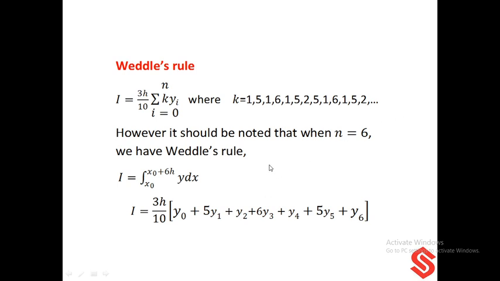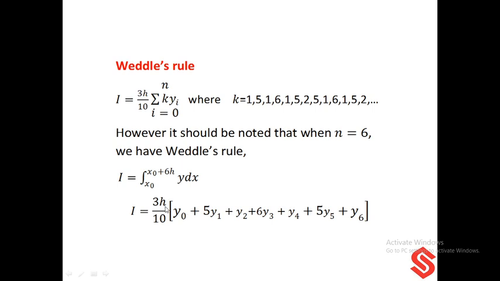So when n is equal to 6, means when the interval is divided into 6 equal parts, then this Weddle's rule becomes I is equal to integral x naught to x naught plus 6h y dx, that is equal to 3h by 10 into, we use the values of k now, 1 y naught plus 5 y1 plus 1 y2 plus 6 y3 plus 1 y4 plus 5 y5 plus 1 y6.